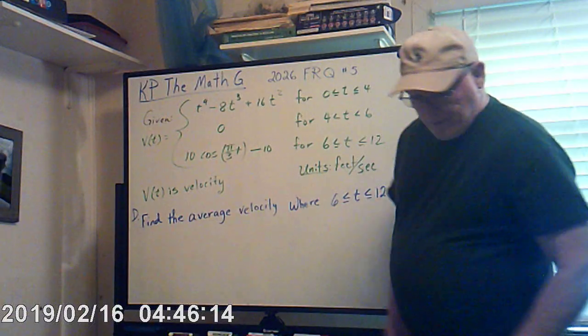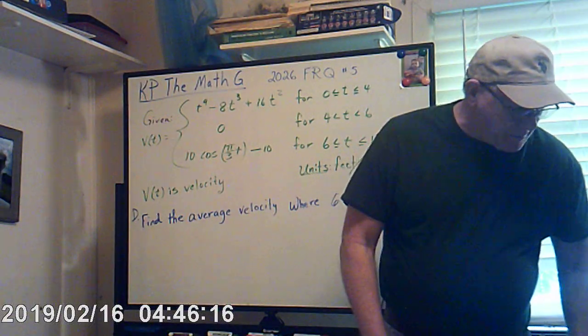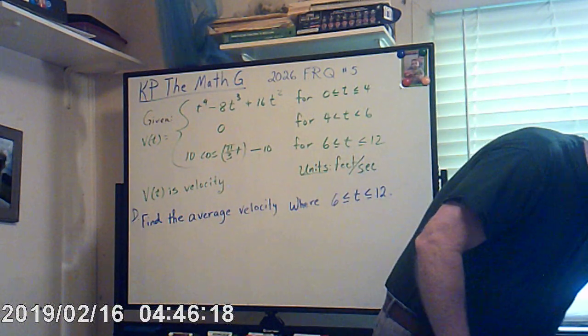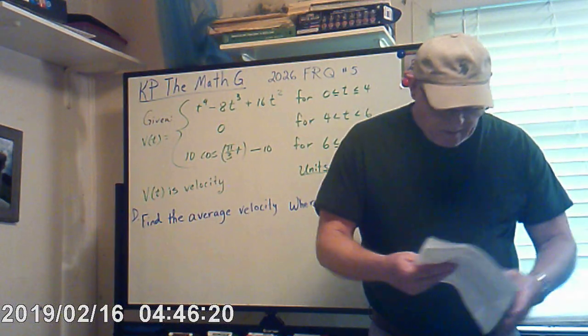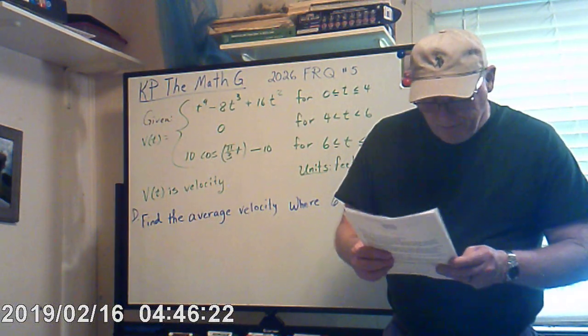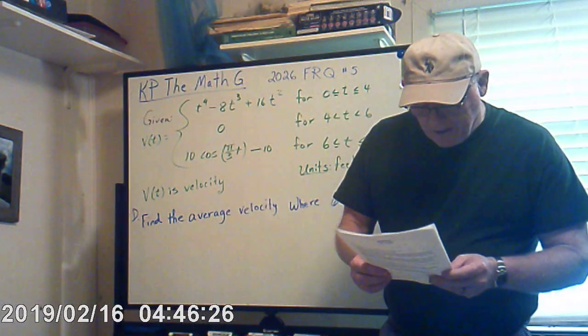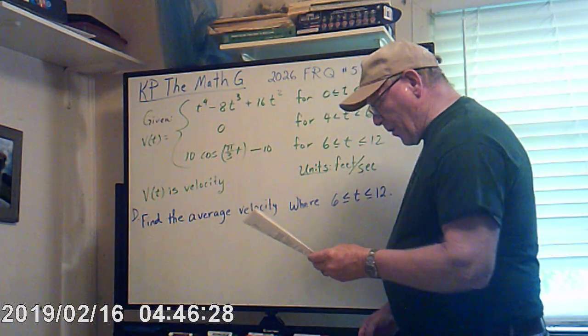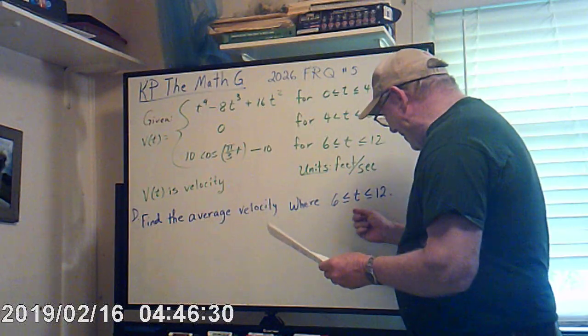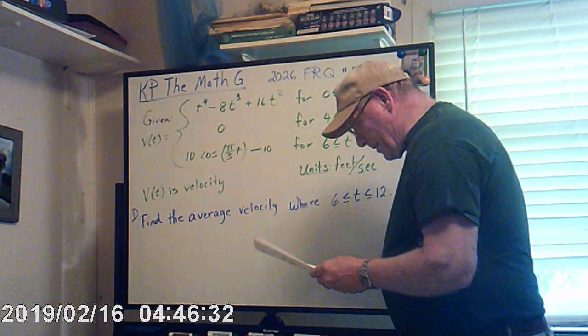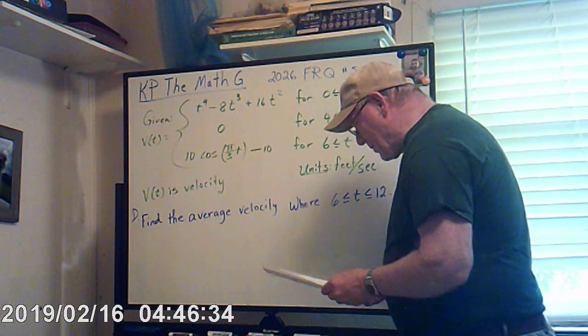It says find the average velocity of the car over the time interval where t is between 6 and 12 seconds. Show the work that leads to your answer.